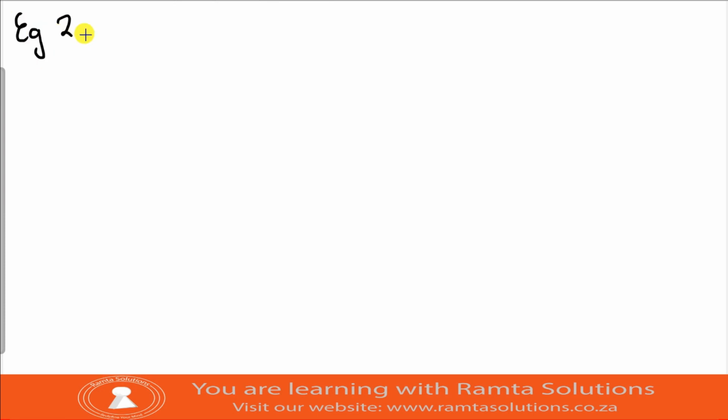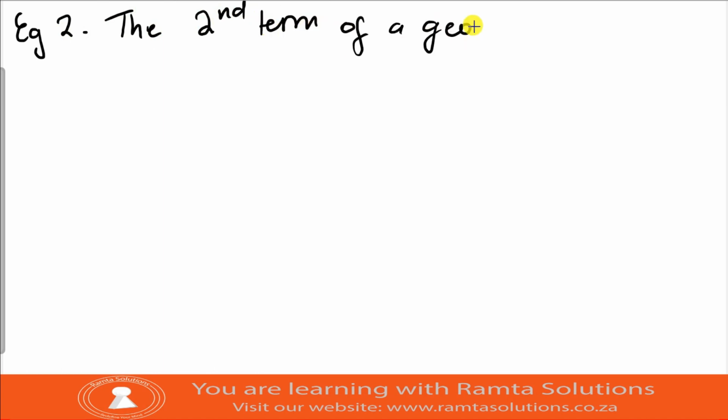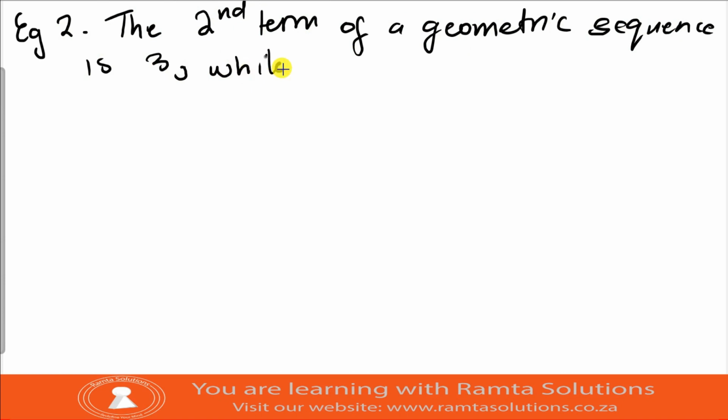This will be example 2 that says, the second term of a geometric sequence is 3, while the seventh is 22 and 25 over 32.